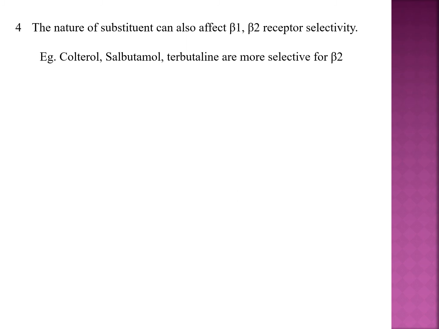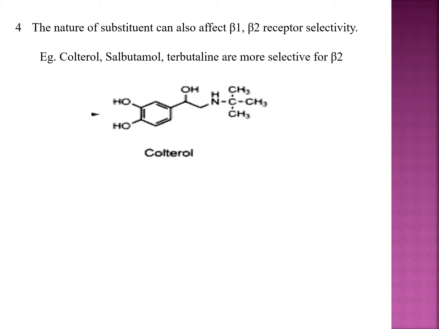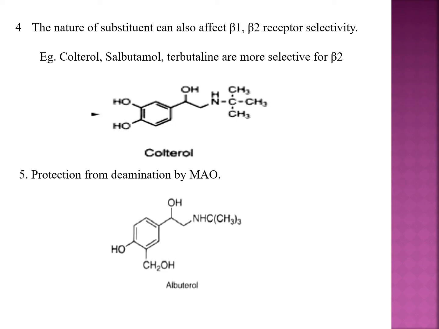The nature of the substituent can also affect beta 1 and beta 2 receptor selectivity. For example, salbutamol and terbutaline are more selective for beta 2 receptors.